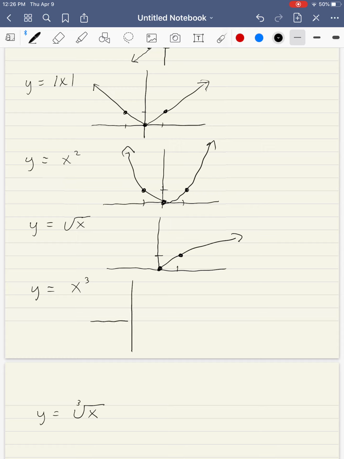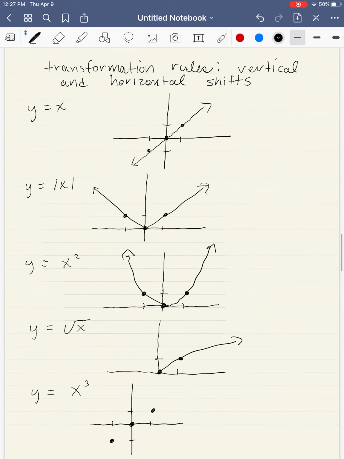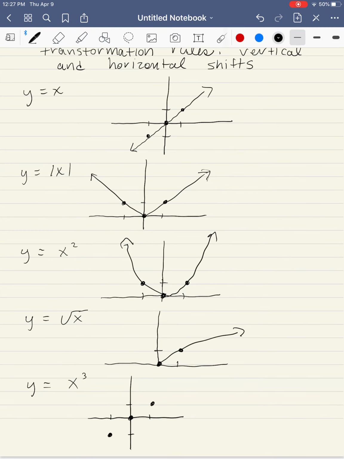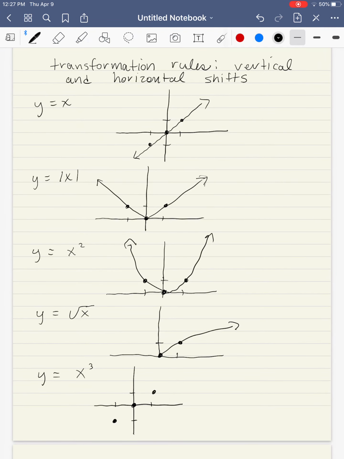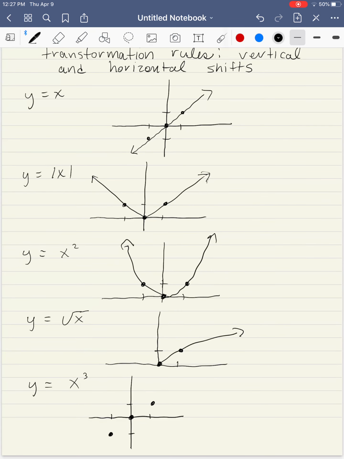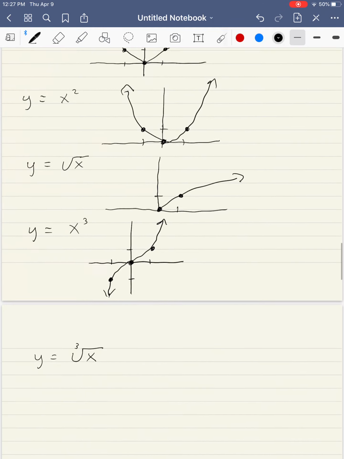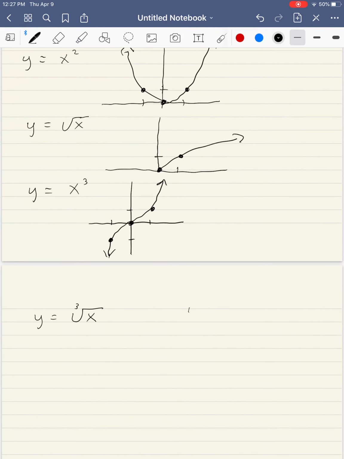For x cubed, 0 cubed is 0, 1 cubed is 1, and negative 1 cubed is negative 1. And that's the same 3 points we got on the linear function. But we know from memory that our basic shape curves up like that and down like that.